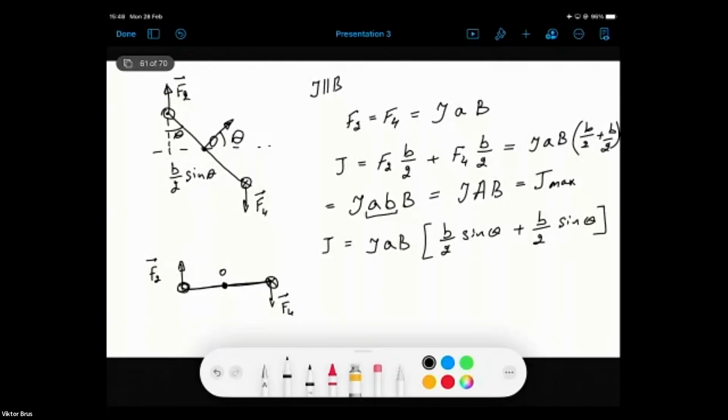So that assumes this option of changing the orientation of the current loop, and that obviously will change the shoulder of these forces. So eventually we get I times a times b times the magnetic field magnitude times sine theta.